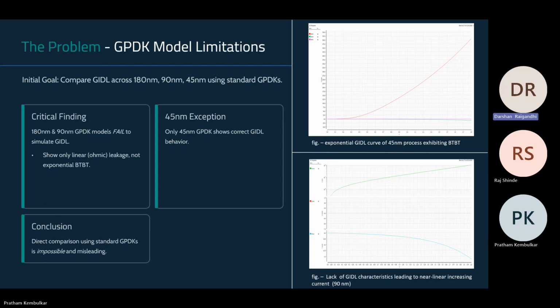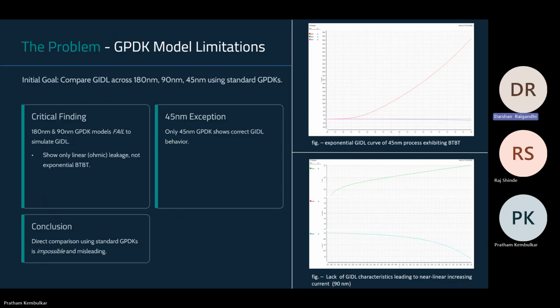The problem with the GPDK model is, when we compared simulation results across different nodes, we discovered a major issue. The 180 nanometer and 90 nanometer GPDK models fail to reproduce GIDL at all, as shown in the figure. They showed only a linear increase in leakage current, which corresponds to ohmic behavior, not the exponential band-to-band tunneling behavior to be expected.